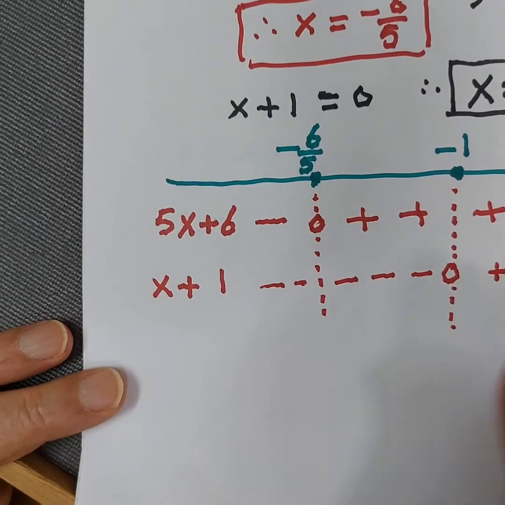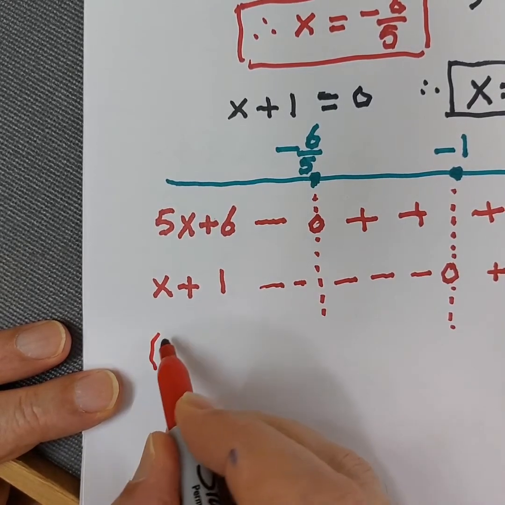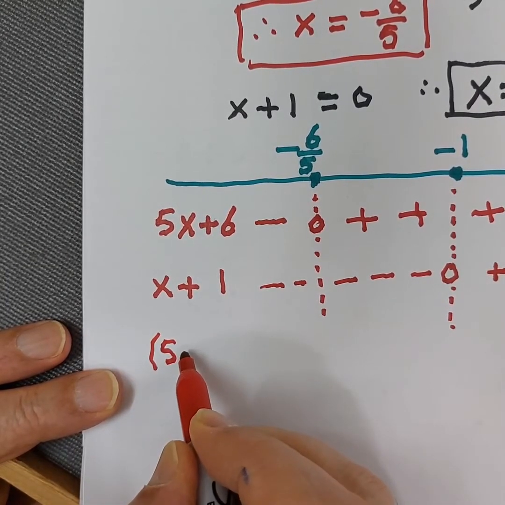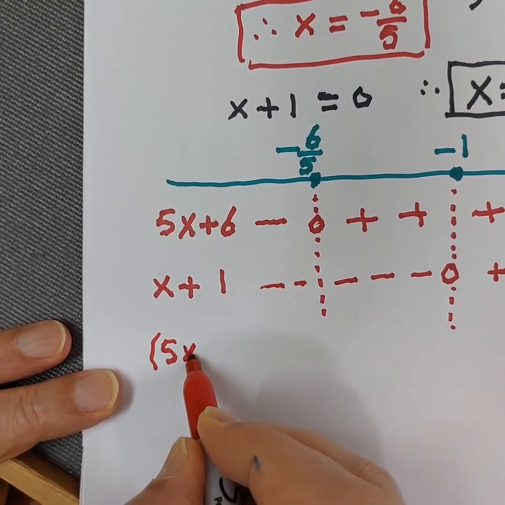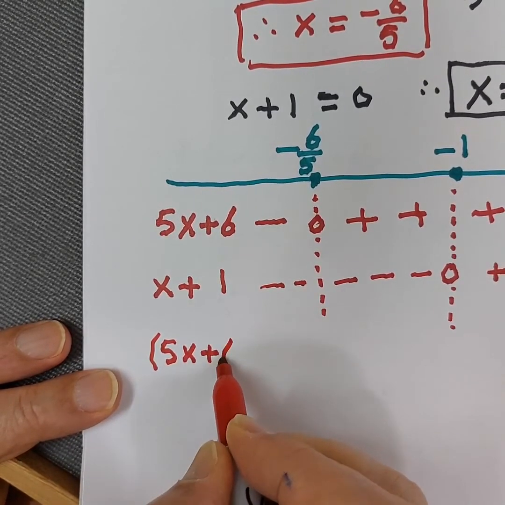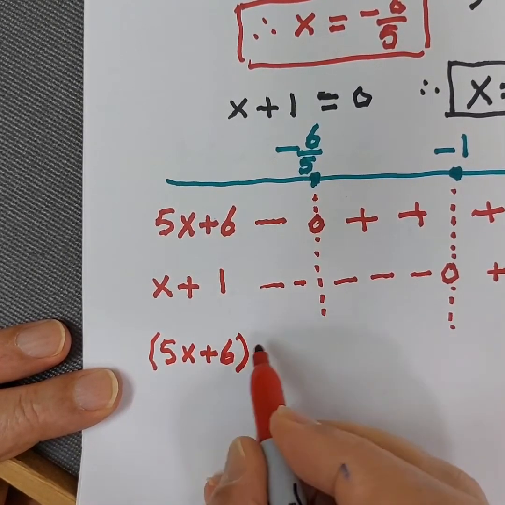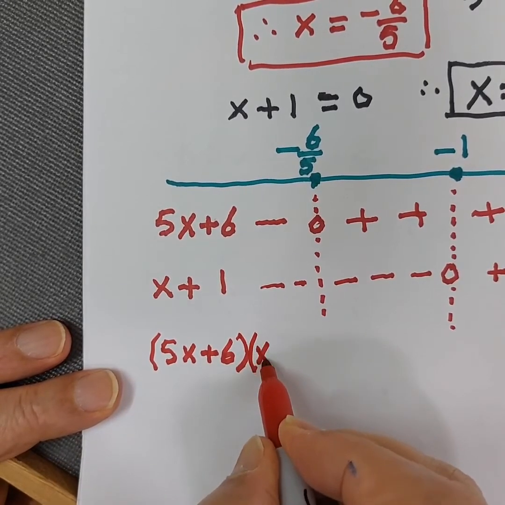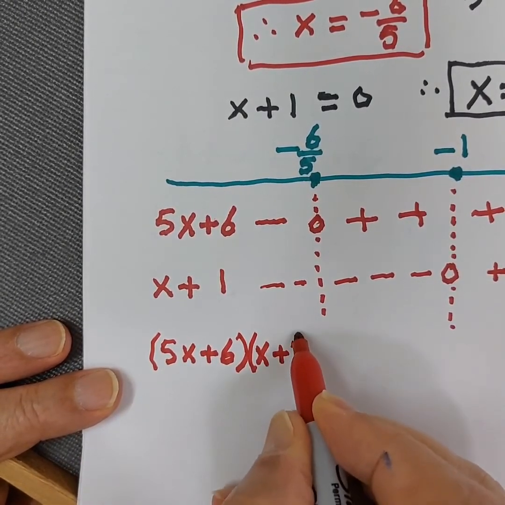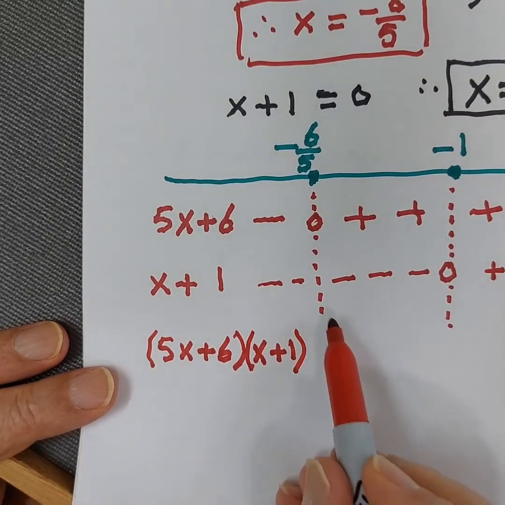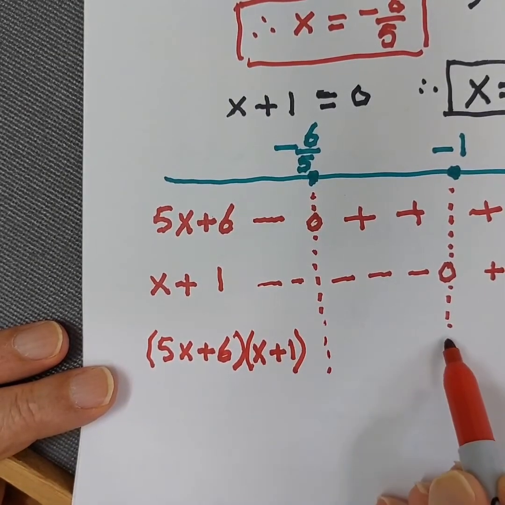Now we need to multiply 5x plus 6 multiplied by x plus 1, and see the sign for the 3 parts here.